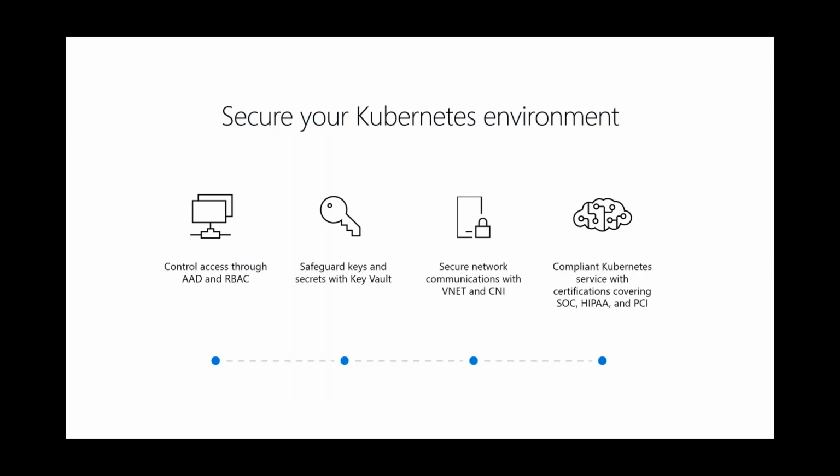All right, so we'll talk a little bit more about securing your Kubernetes environment. As I had mentioned, we have Azure Active Directory and role-based access control. Typically what we'll see our customers doing is creating groups in Azure Active Directory and assigning the role-based access control roles based on the namespace that the customer is leveraging.